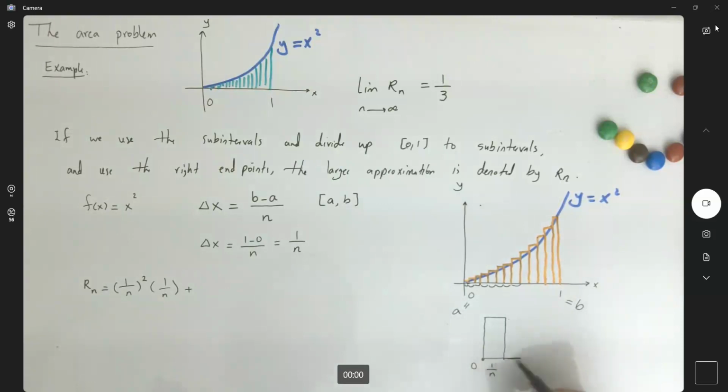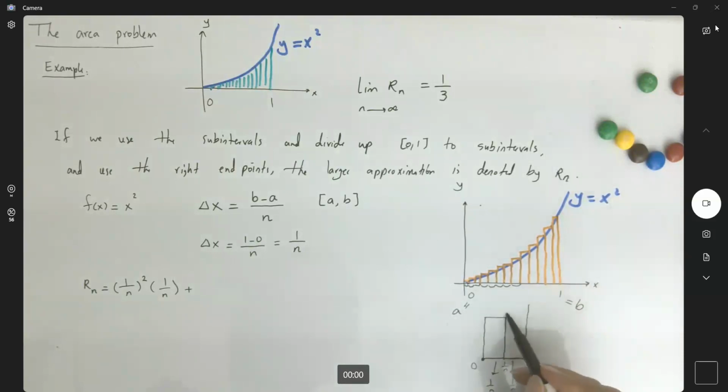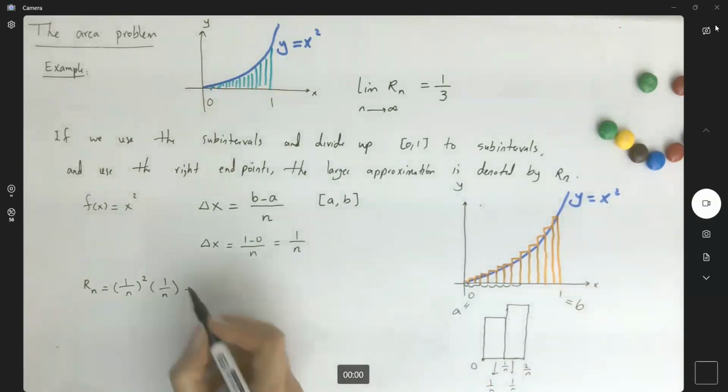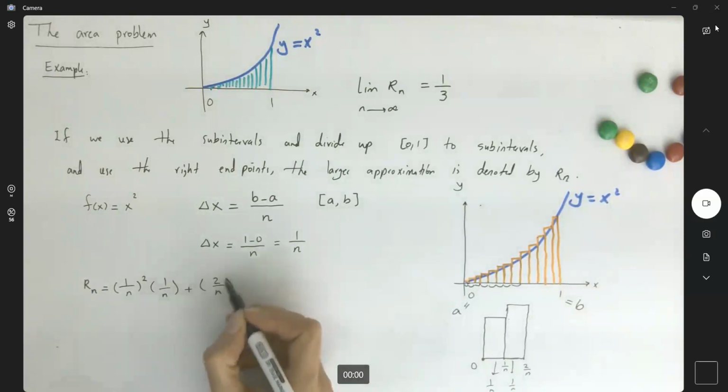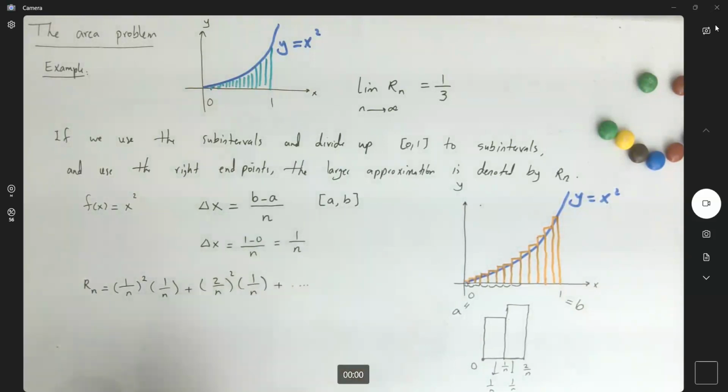This is 1 over n, and now here you have 2 over n, but note that this length is 1 over n. Still, the lengths are the same. 1 over n, 1 over n, but to find this height, you're going to enter 2 over n. So here now you have 2 over n to the second power times 1 over n, plus the rest of these.